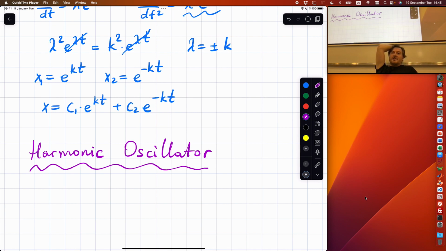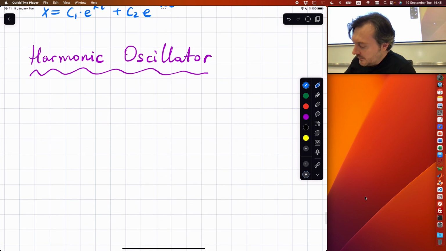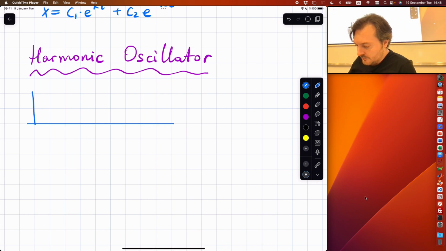It's central, it's right in the middle, it's everywhere. Sorry, I couldn't get the joke, but I hope you get the idea of importance. Harmonic oscillator is very important. So let's see what it is, and I will tell you why it is important.